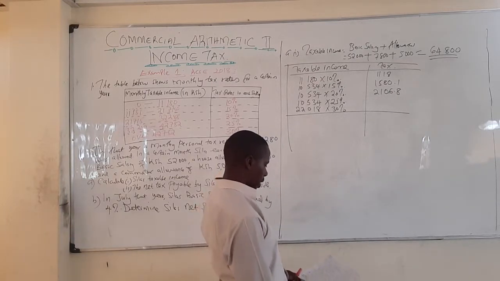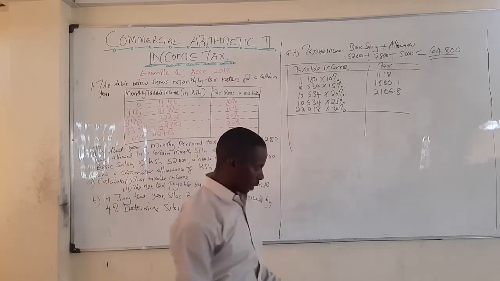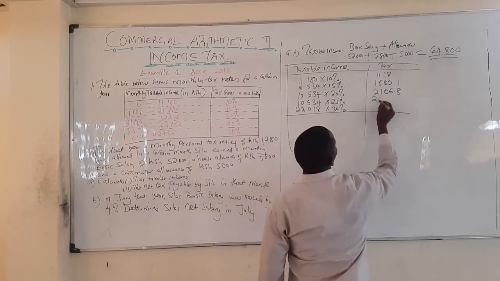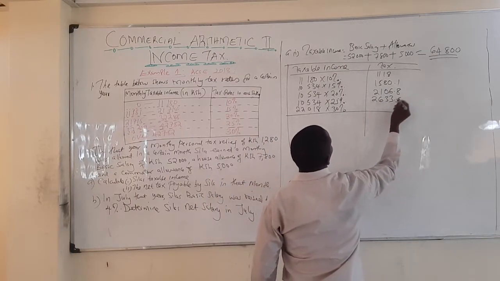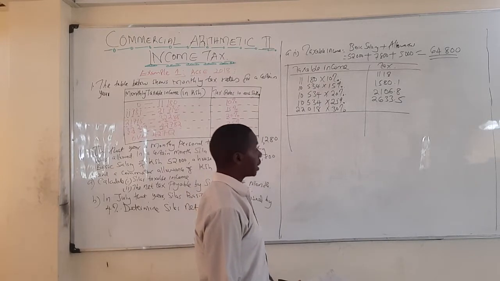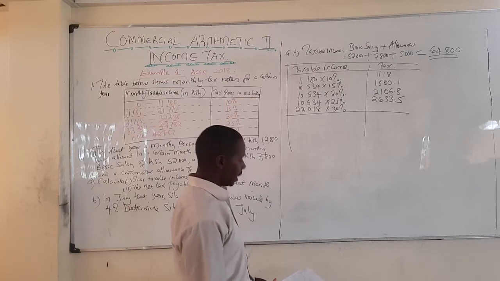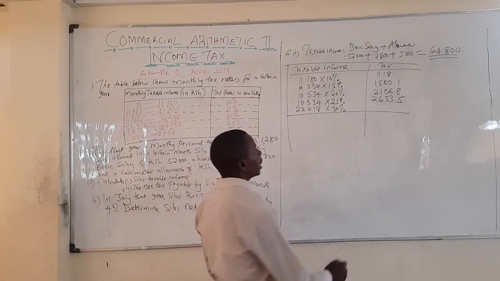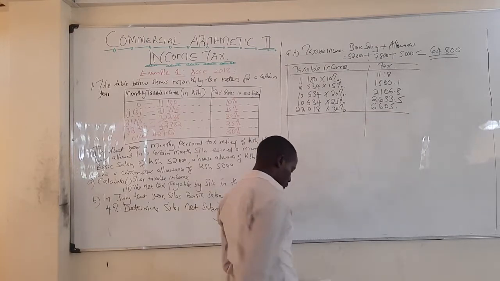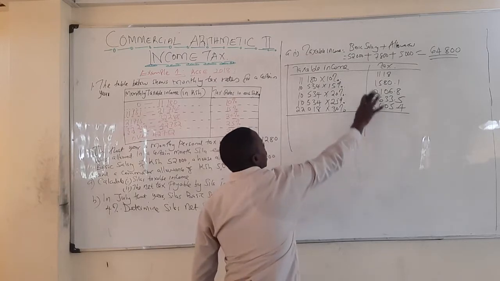And then go to the fourth one. 10,534 times 25%, you get 2633.5. Lastly, get 22,018 times 30%, and you're going to have 6605.4. So that is the tax.